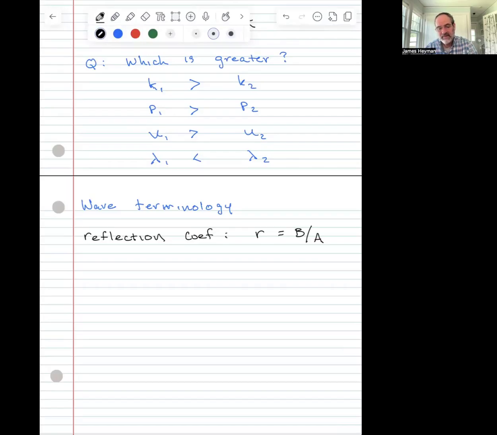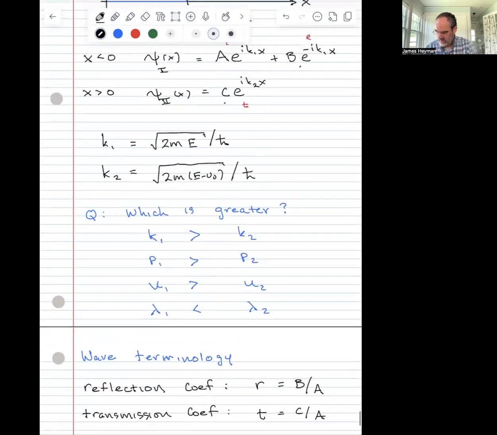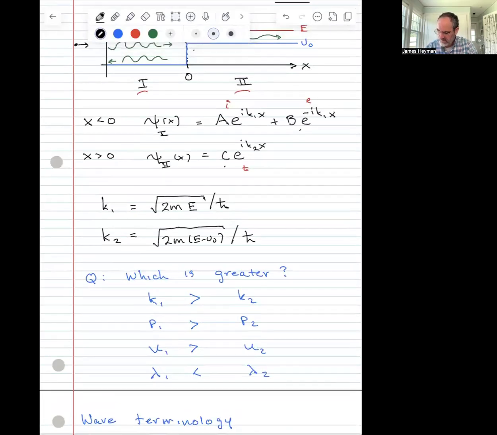So little r is b over a. The transmission coefficient is c over a, where a, b, and c are defined in these equations.